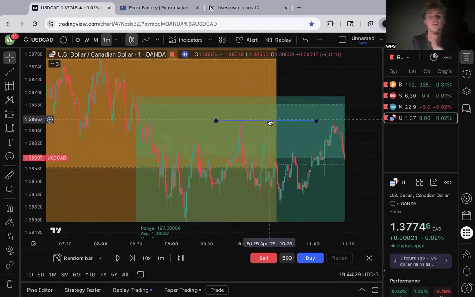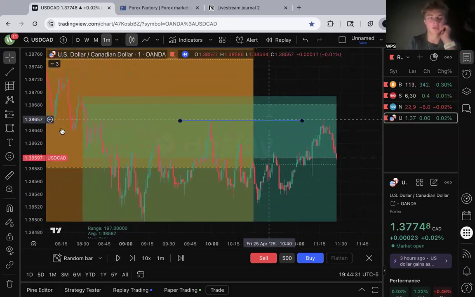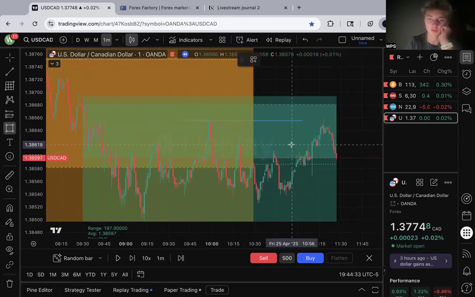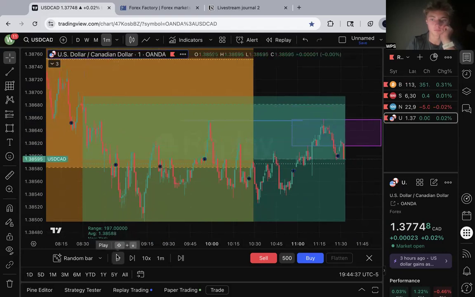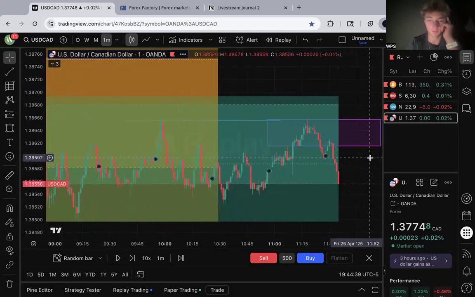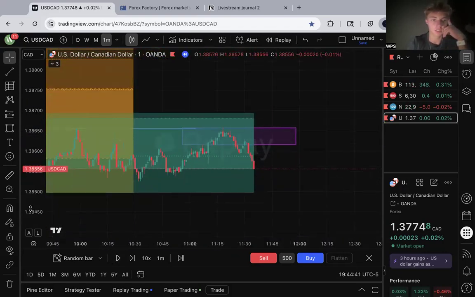Okay, liquidity here gets taken out, and we get a break of structure to the downside. So order block marked right here, retracement, break of structure out. That's what I'm seeing.